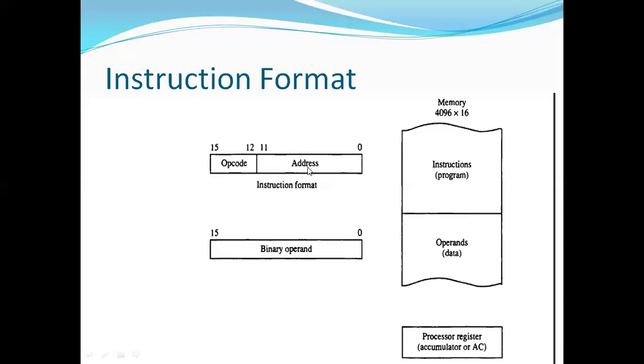Here the address bits are 0 to 11, that is equal to 12 bits. We have taken 12 bits because 4096, if you convert it into exponent form, is 2 to the power of 12. So 2 to the power of 12 is equal to 4096.